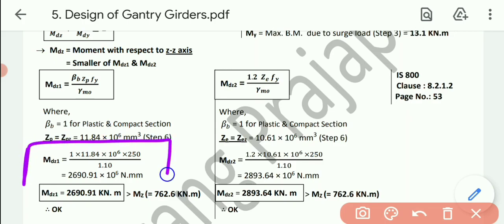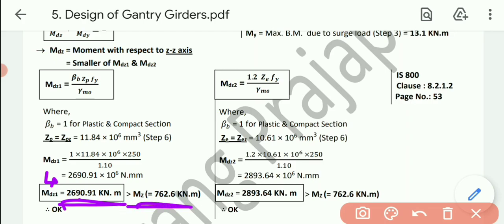So for MdZ1, beta b is 1, Zp is 11.84 into 10 raised to 6, fy is 250, and gamma m0 is 1.10. So the final answer for MdZ1 will be 2690.91 into 10 raised to 6 Newton mm. Converting into kilonewton meter, that is 2690.91, and it should be greater than this one, 762.6. It is greater than that, so it's okay, no problem.